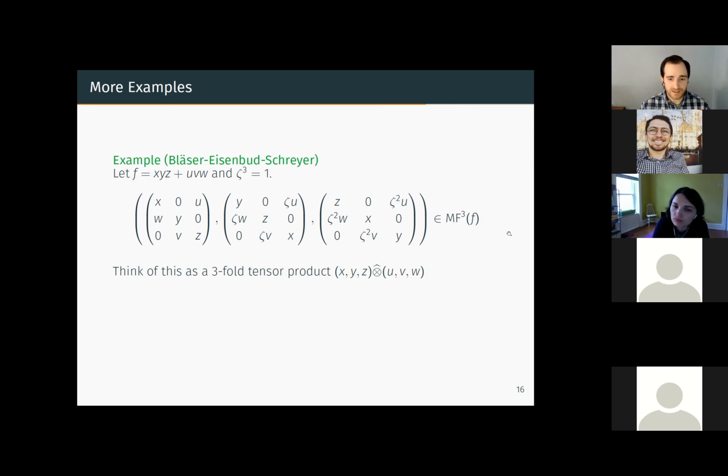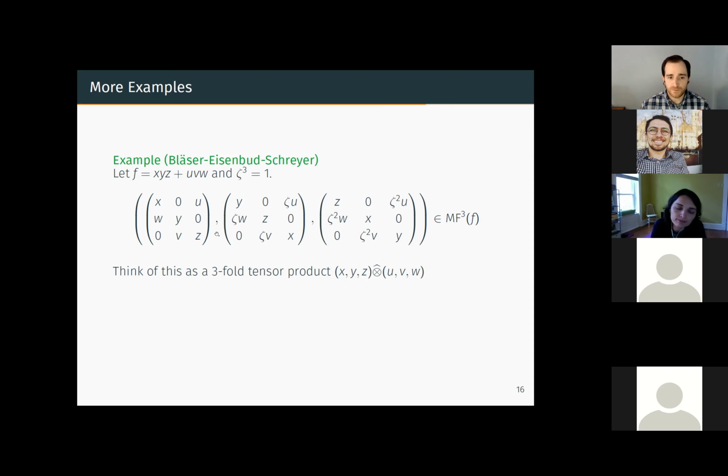It's very much a direct extension of that tensor product formula that I gave earlier by Yoshino. So I like to think of this as a threefold tensor product. What Blazer, Eisenbud, and Schreier do is they give it for default factorizations. You can tensor a default factorization with another default factorization and get a default factorization of the sum.